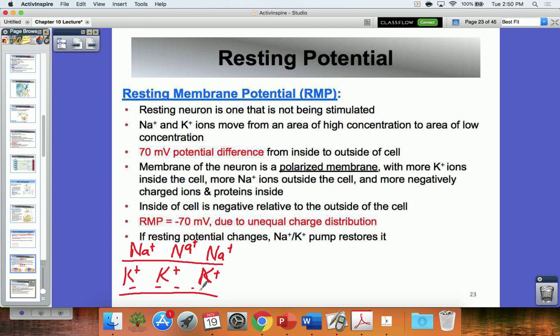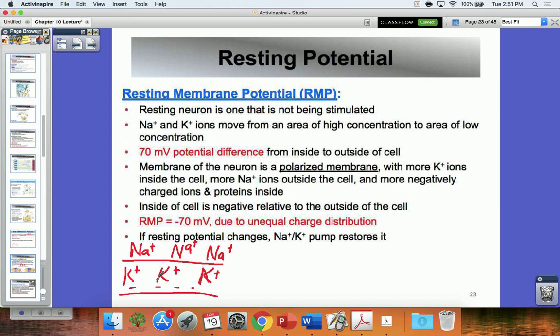The inside of the cell is more negative, and the difference between the two, we call that a potential difference. Specifically, it's a negative 70 difference, which means that the inside has a charge of a negative 70 compared to the outside.